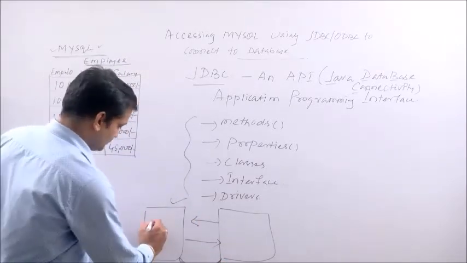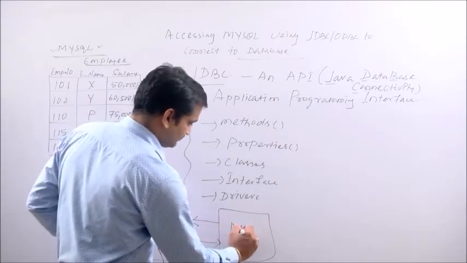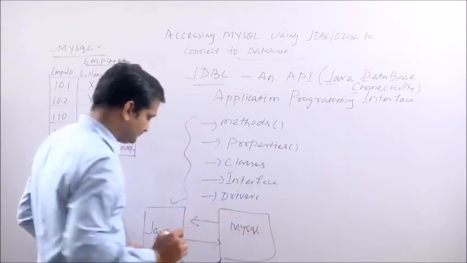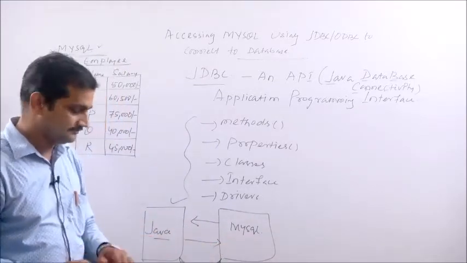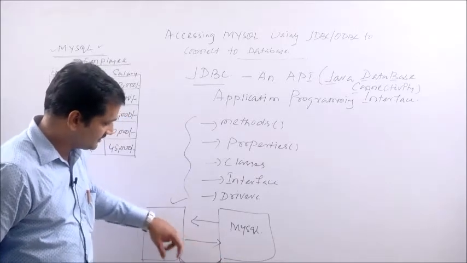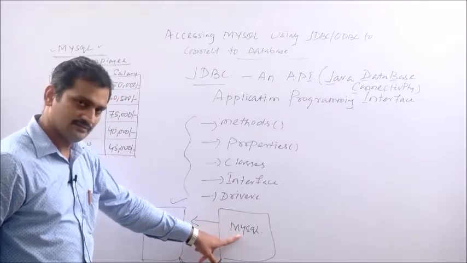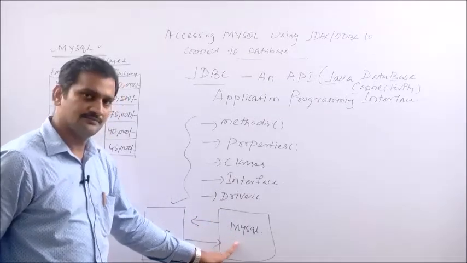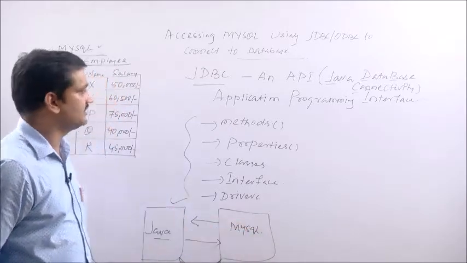If we are using Java for the application development and MySQL for the database, then there must be a link, a connection between these two, so that data can be retrieved and stored in the database that is represented by MySQL.